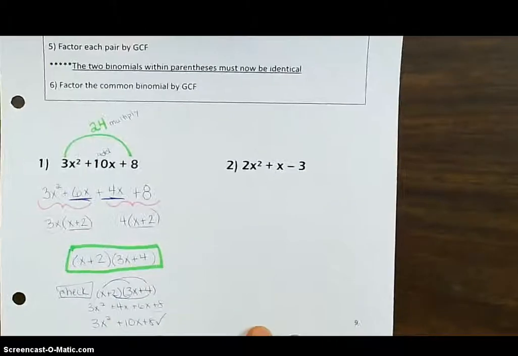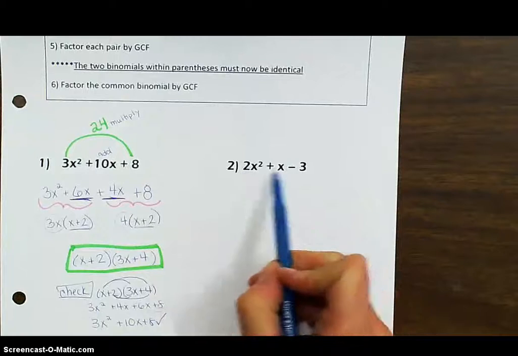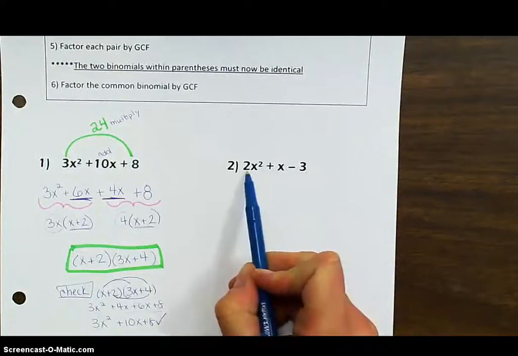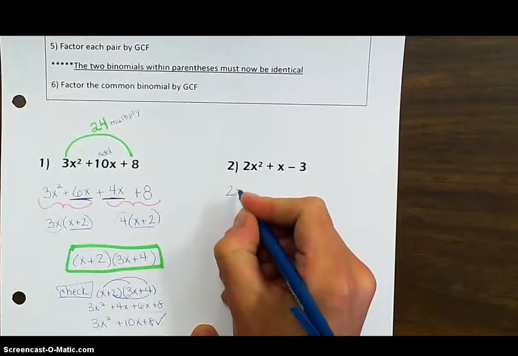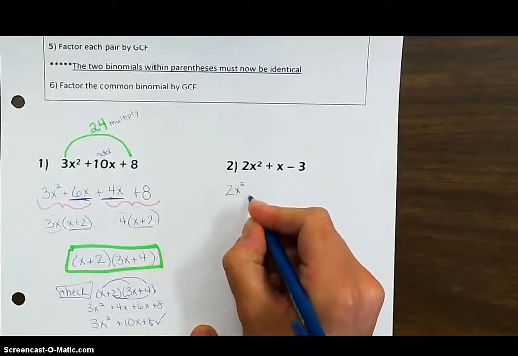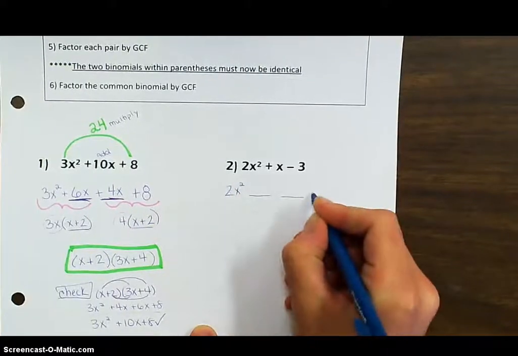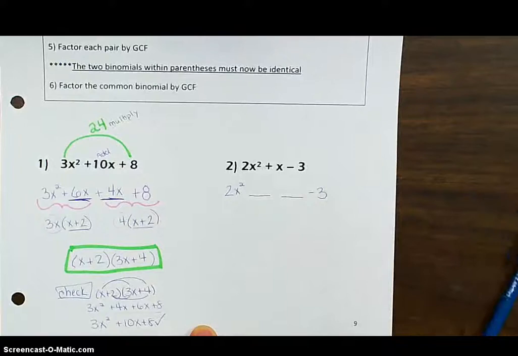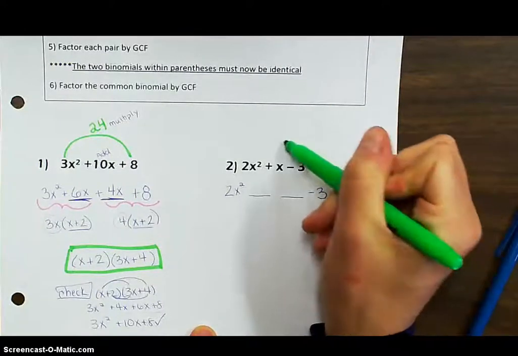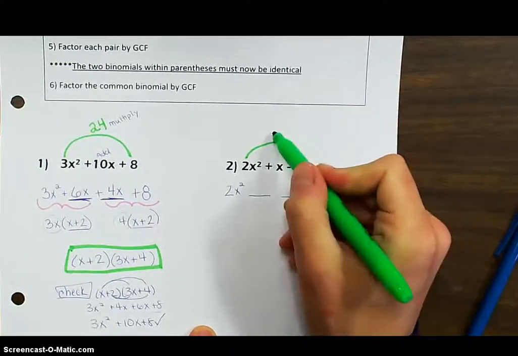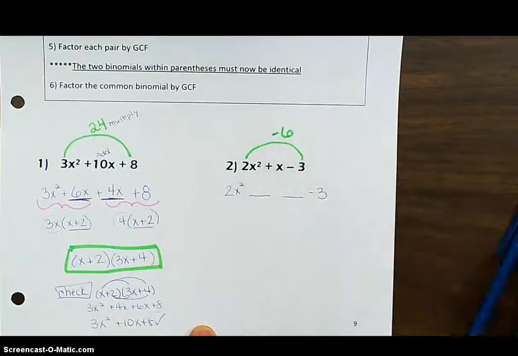So number 2. I look here, it's a trinomial, but my a is bigger than 1. So what I'm going to do is use factor by grouping. So 2x squared, blank, blank, minus 3. Now I'm going to multiply the first term and the last term. So 3 times 2 gives me a negative 6.